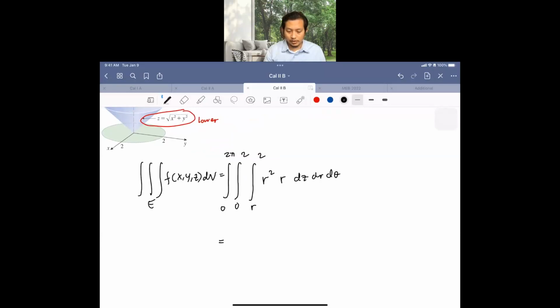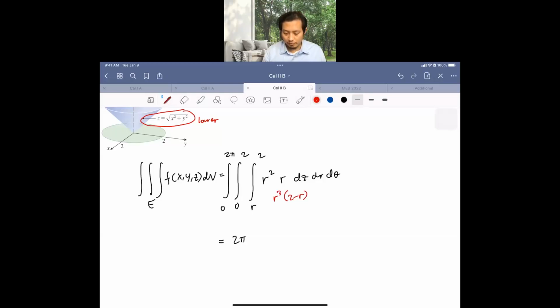And here we could directly write 2 pi, and this one is having z, right? Z is 2 minus r, and then r cubed.